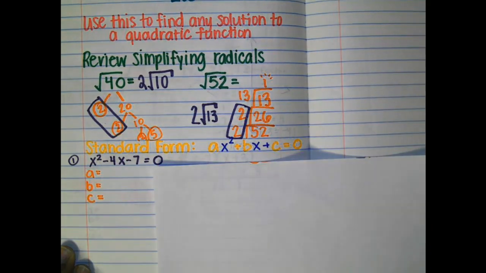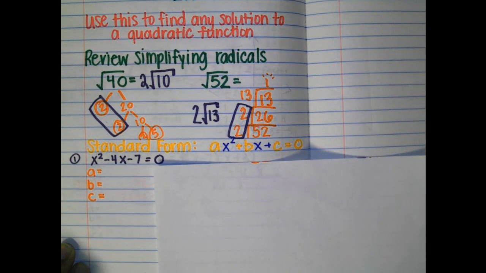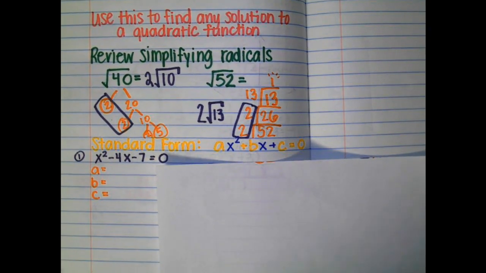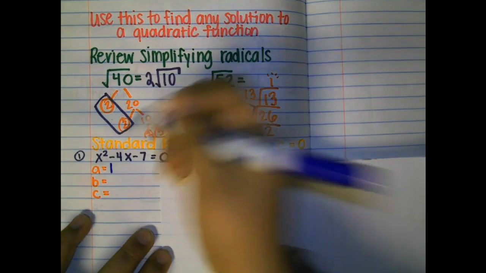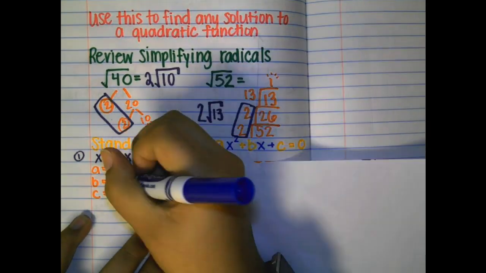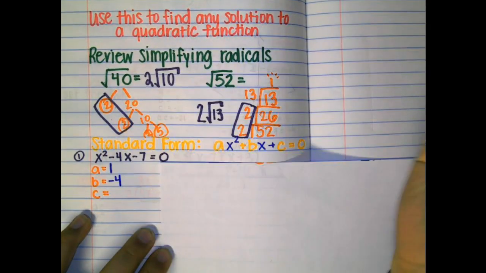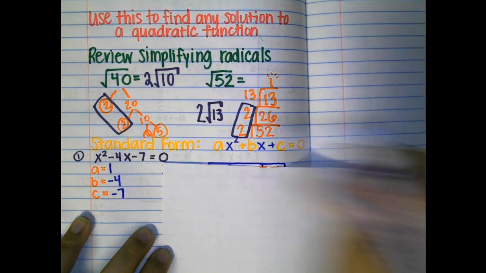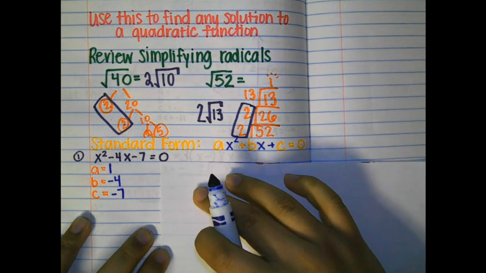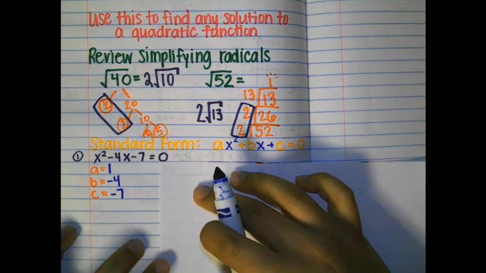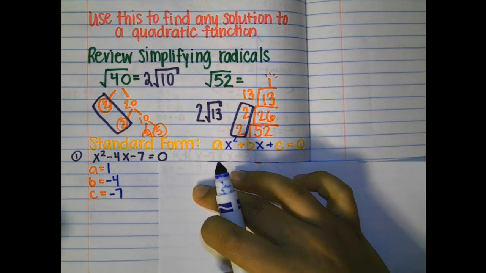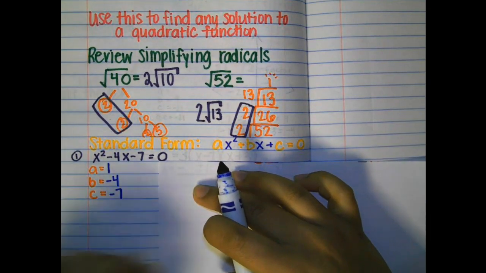The next step is to identify a, b, and c. In this case, a is 1, b is -4, and c is -7. Once you've identified a, b, and c, then you can go ahead and substitute them into your quadratic formula.